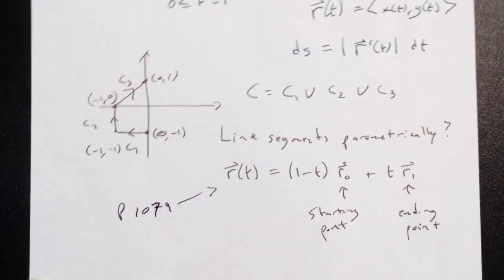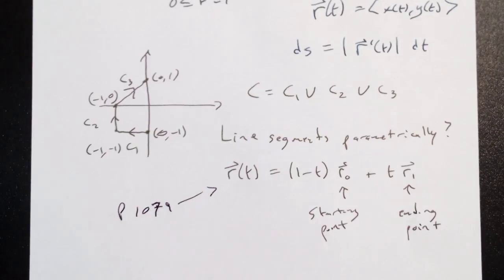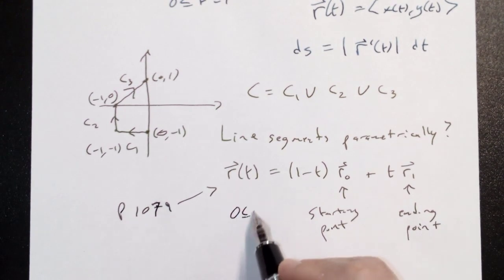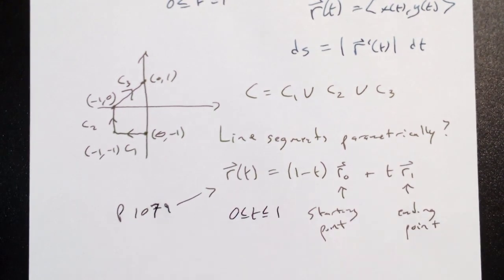So, curve one, the horizontal line across the bottom here. Oh, I forgot to write this down. 0 less than or equal to t less than or equal to 1. Every time we do a line segment, it goes from 0 to 1.